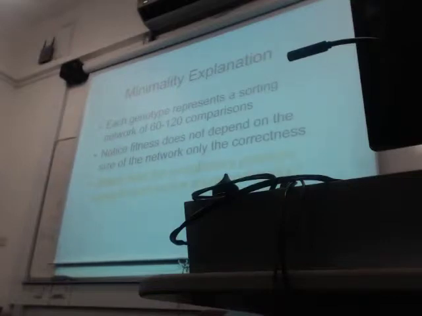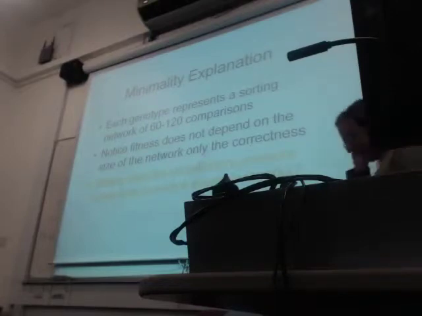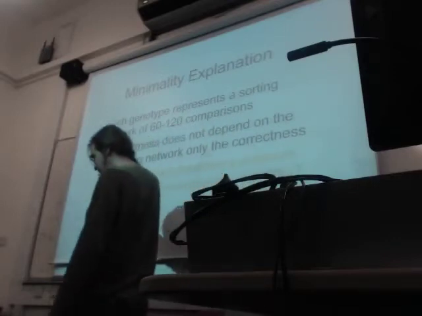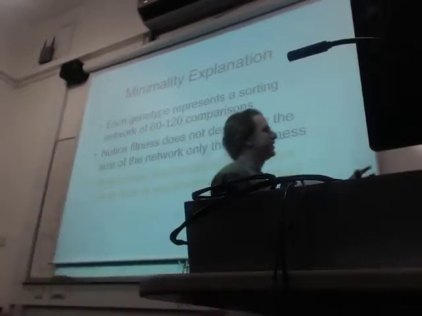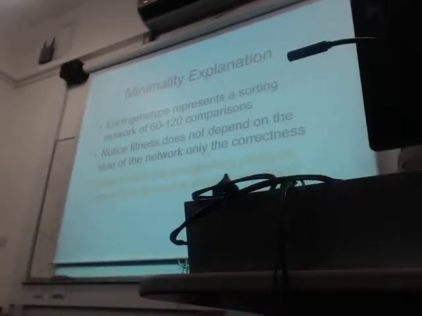But the other one in its diploid representation is less efficient, i.e., instead of having some comparison twice, it has a different comparison. One of the comparisons is unnecessary. This 2-4 is unnecessary, but we really need the 3-4. So this network maybe ends up being longer by one comparison effectively, or something of this nature.